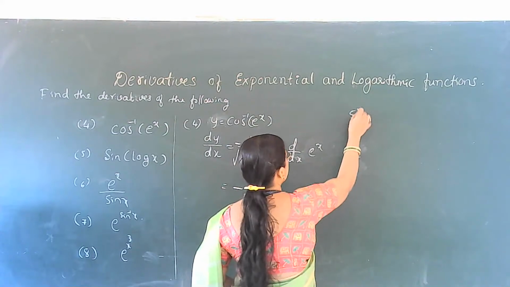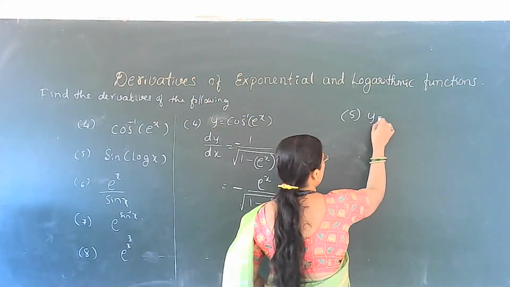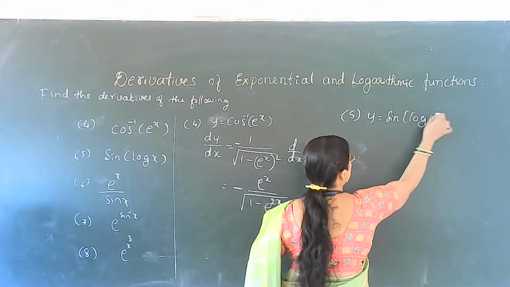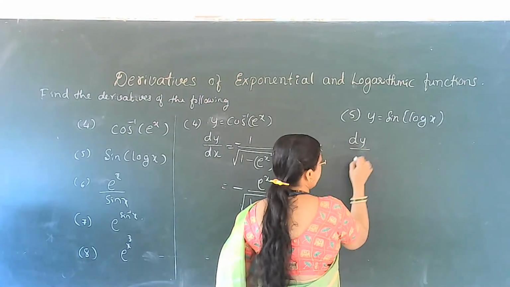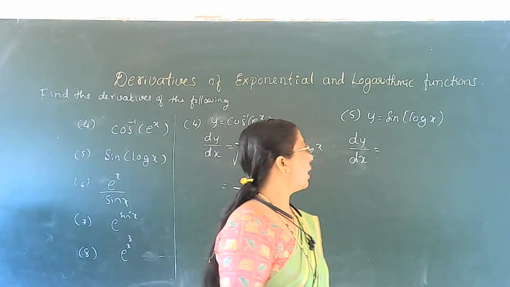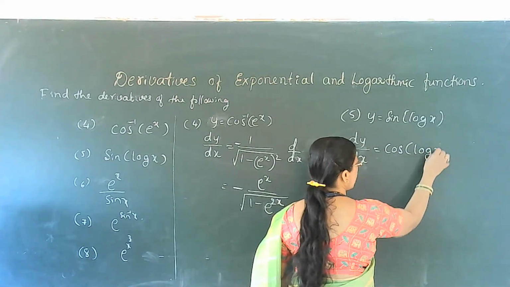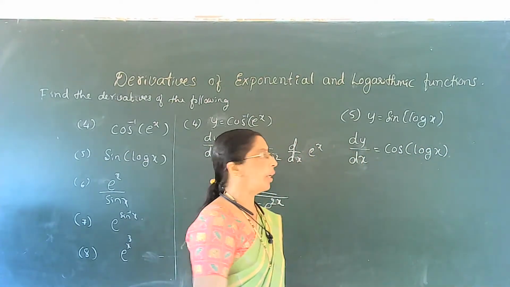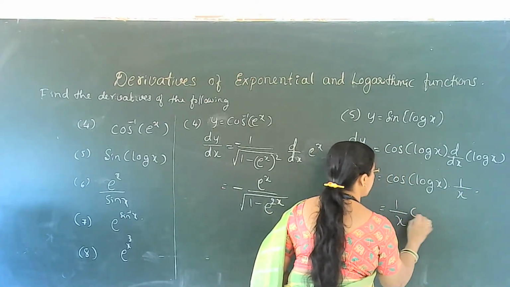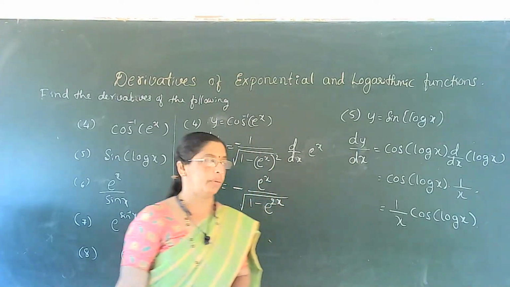Then fifth one, sin of log x. y is equal to sin of log x. dy by dx is equal to the derivative of sin x, which is cos x, so cos of log x into 1 by x, which is equal to 1 by x cos of log x.